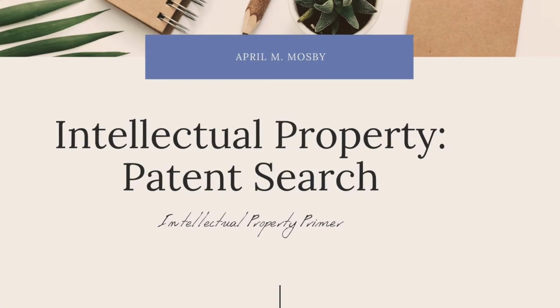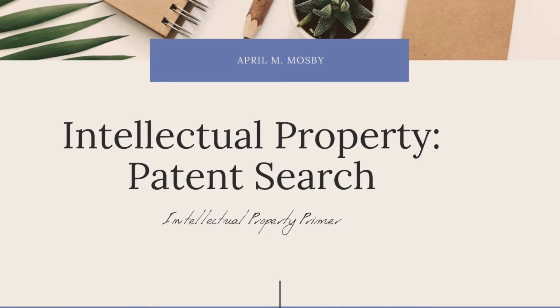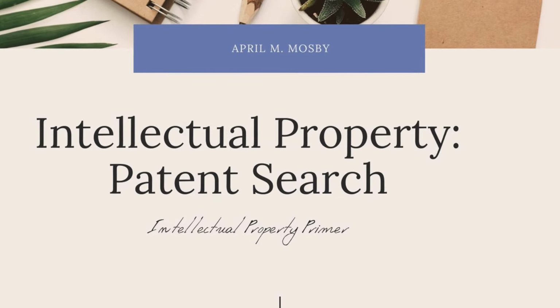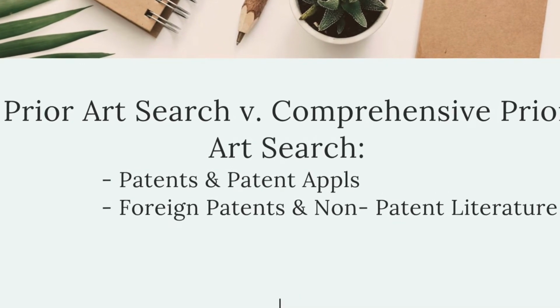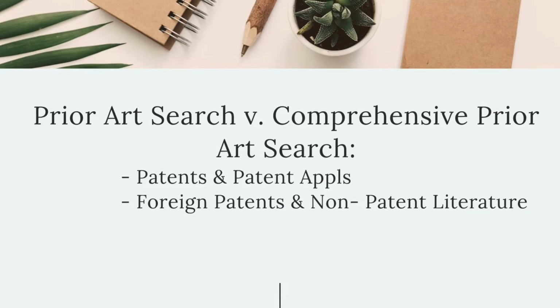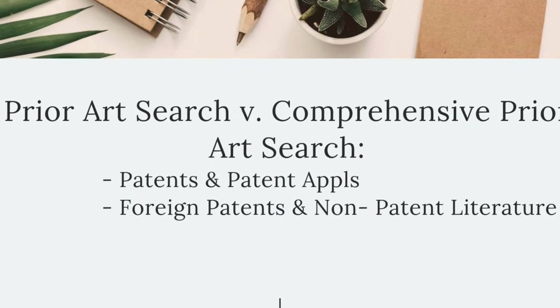Hello, April Mosby here, patent attorney, and in this video we're going to cover how to perform your own patent search. First, I wanted to discuss the distinctions between a federal patent search and a comprehensive patent search. A federal patent search merely includes those published patent applications that are close or relevant to your innovative concept.